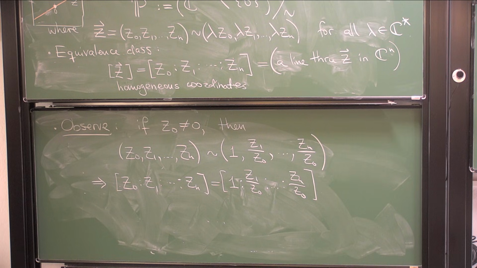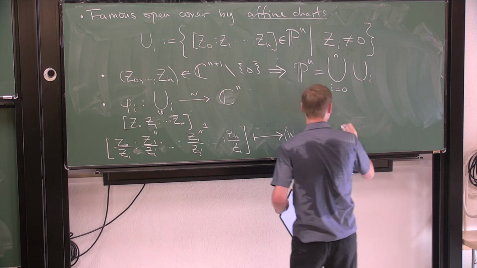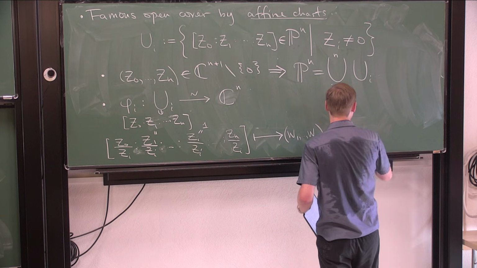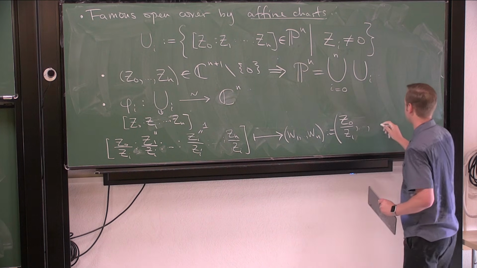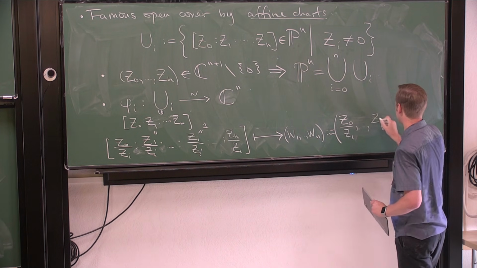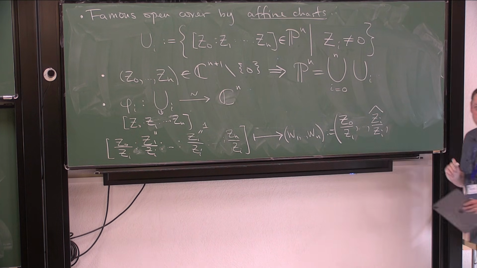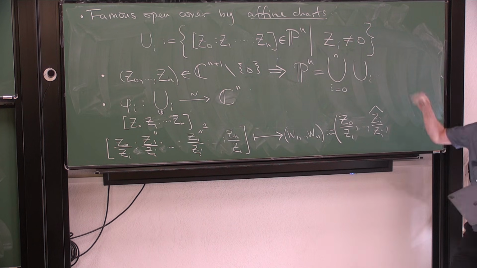I'll call that W_1 through W_n, which is just Z_0 over Z_i down to, I'll write it like this, Z_i over Z_i, this is the one I leave out. The hat means leave it out.